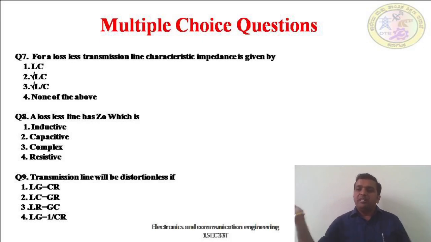In which case does it happen? The answer is option number 1, LG is equal to CR. This is the condition when my line behaves as distortionless. So for a transmission line to be distortionless, I need the condition LG is equal to CR. Hence the option is number 1.